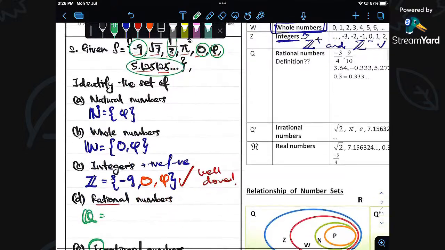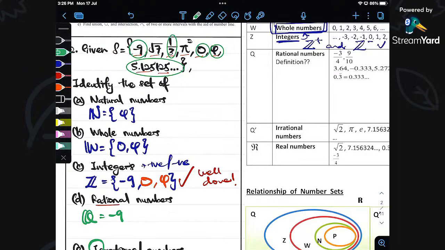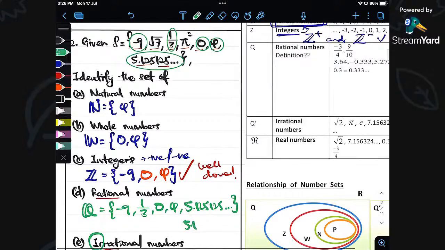So rational numbers is -9, 1/3, 0, 4, and 5.125125, ... Sometimes they write it like this, 5.125, and then has a bar above the 125, means it's a repeating number. So basically, this is the answer for rational number.